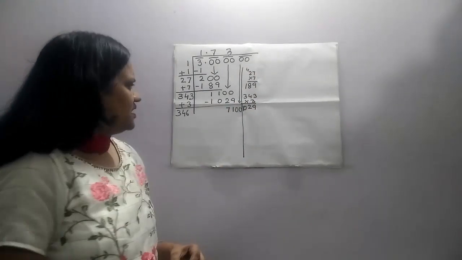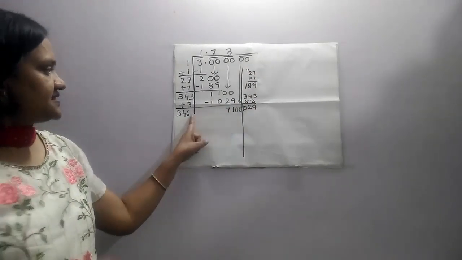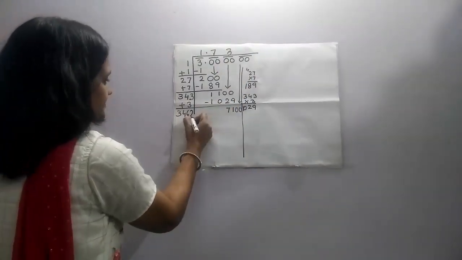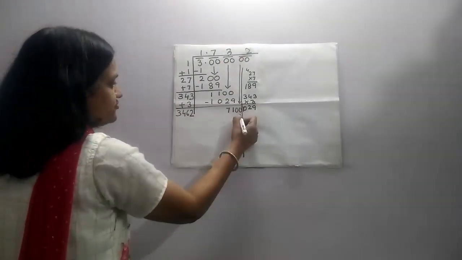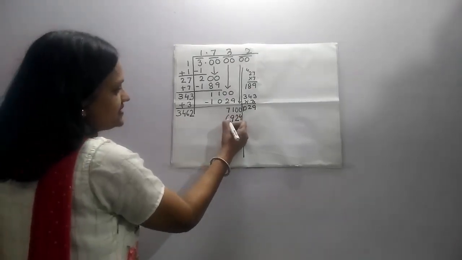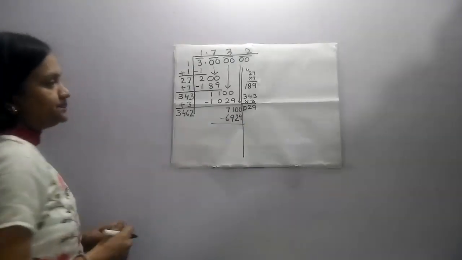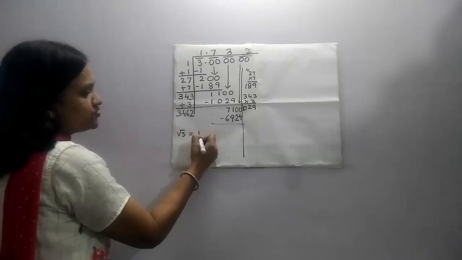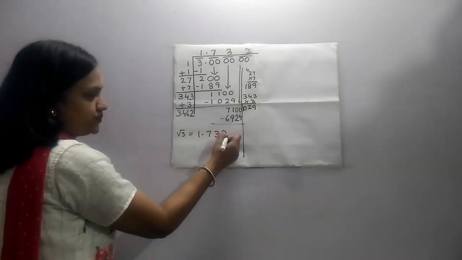So you can understand that the next digit I should be writing in both the places is 2. 2 2s are 4, 2 6s are 12, 2 4s are 8, 9, 2 3s are 6. Okay, we have got the square root of 3 equal to 1.732.